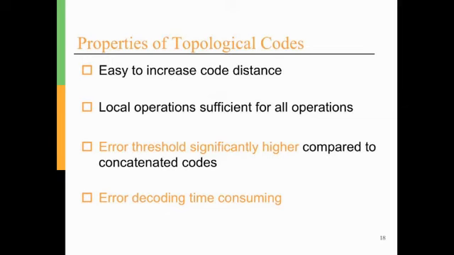So the key properties of topological codes: it is easy to increase and decrease code distance, and that way influence the reliability of the resulting code. Local operations are sufficient to do controlled knot operations and basically computation with the codes. And they have an error correction threshold that is significantly higher than the threshold of concatenated codes. But the drawback is that the classical processing for error decoding is time-consuming.